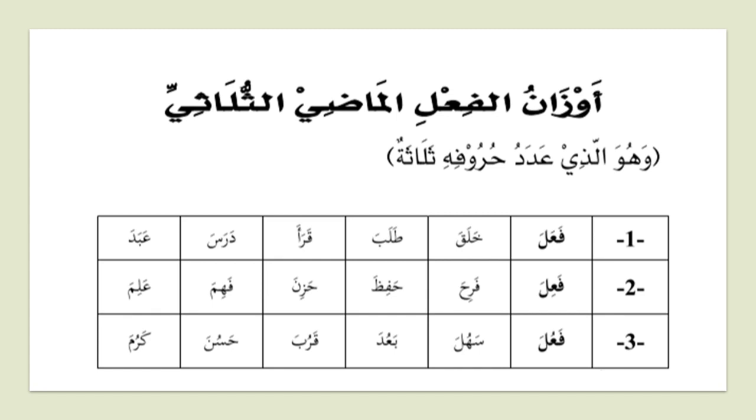Then we have the third scale, fa'ula. Sahula, to become easy, or became easy. And ba'uda, to become far. And qaruba, is the opposite, to become close.